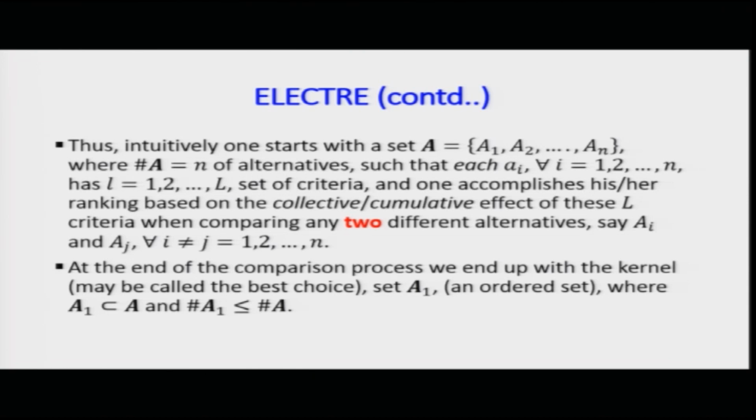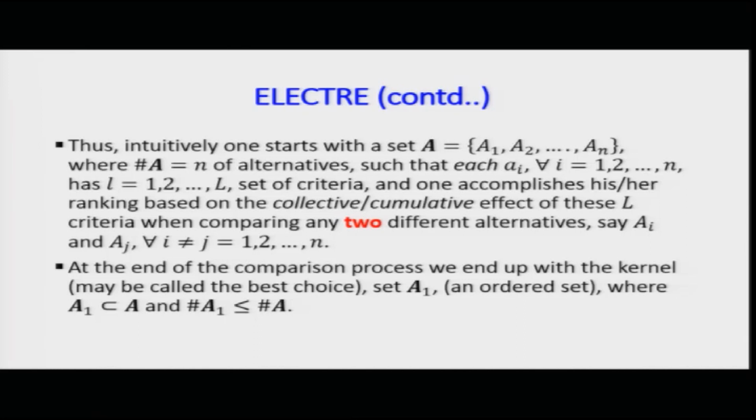So, when we are comparing A_I1 to A_I2, the suffix I1 is one element of n and I2 is also an element of n. When I am considering alternatives 1 to 2 or 1 to 3 or 1 to 4, like I said I1 to I2, then I will consider each and every criterion, such that using criterion 1, I am able to compare A_I1 and A_I2, then considering criterion 2, again I am able to compare A_I1 and A_I2, and continue doing that, such that I assign scores at each level of the distance and then do the collective combination of the scores.